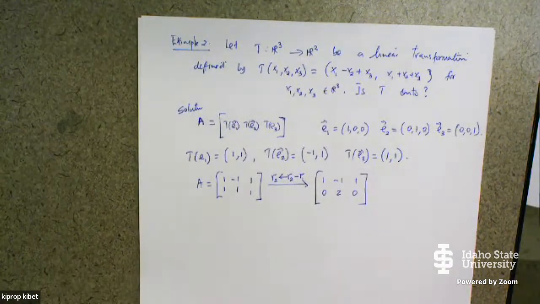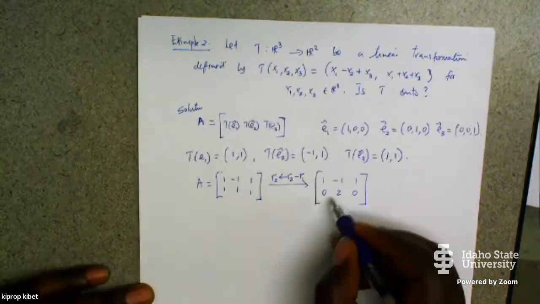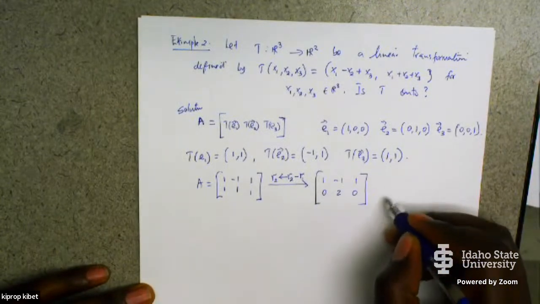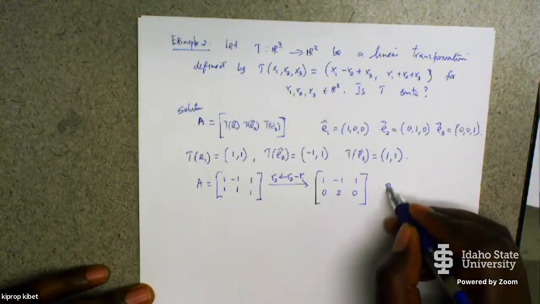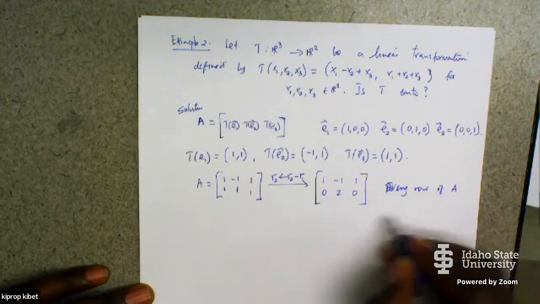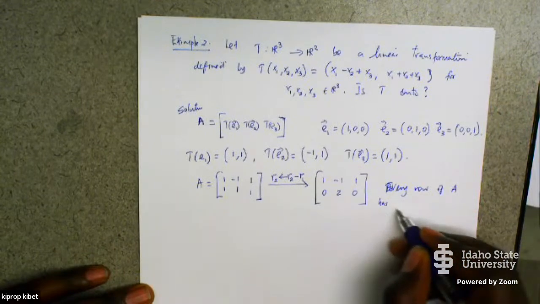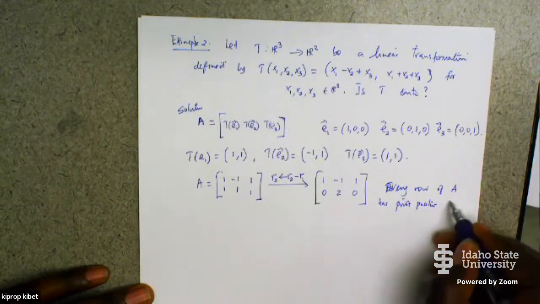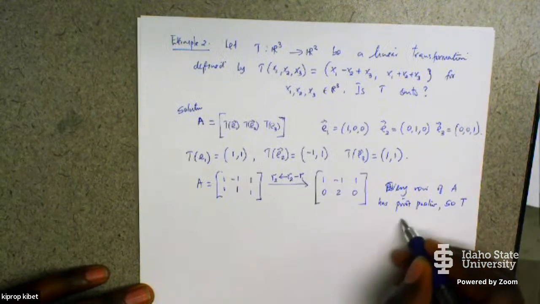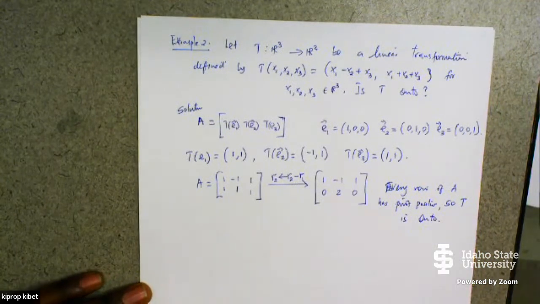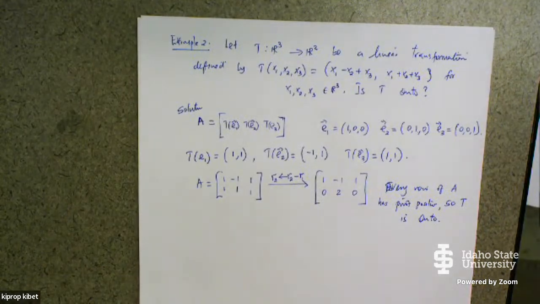Looking at that, we have pivot positions in each of the rows. So this means that every row of A has a pivot position. So T is onto. Any question after that?